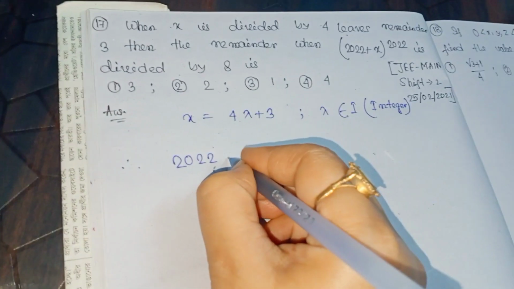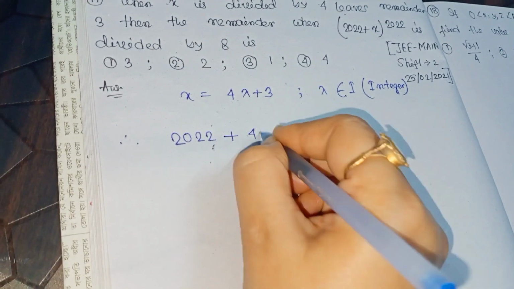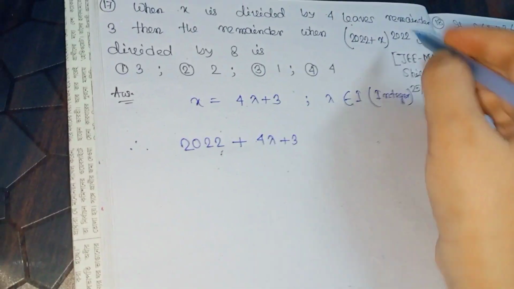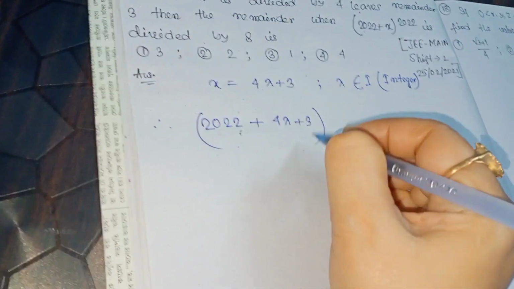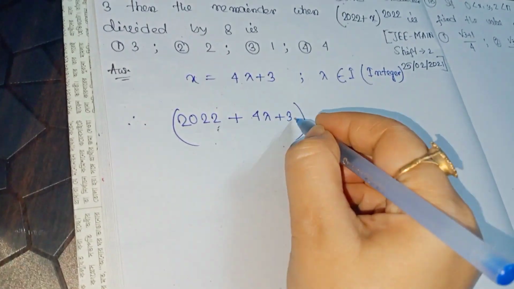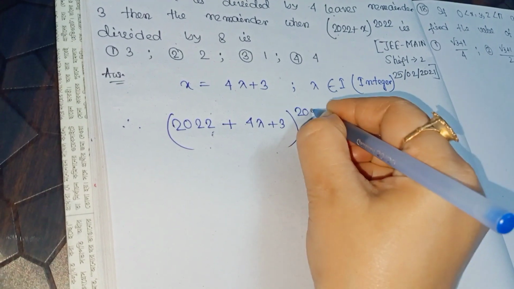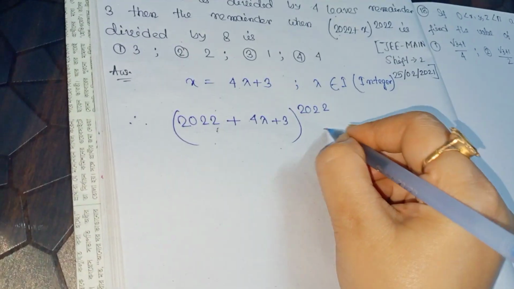Therefore 2022 plus x whole 2022, replace x with 4 lambda plus 3, giving 2022 plus 4 lambda plus 3 whole 2022. Now expand this.